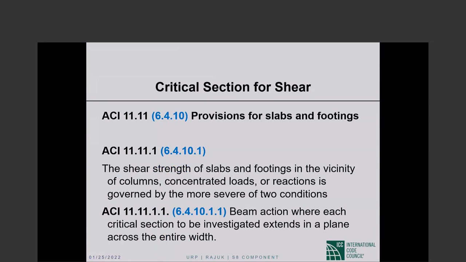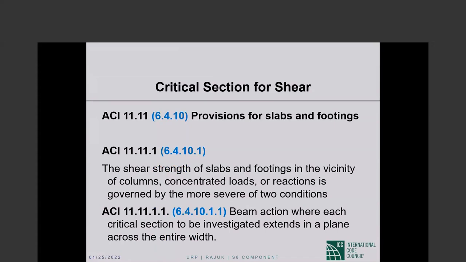So, ACI and BNBC provisions for slabs and footings. The shear strength of slabs and footings in the vicinity of columns, concentrated loads or reactions is governed by the more severe of two conditions. You will see this language throughout the code, not just columns: columns, concentrated loads or reactions.